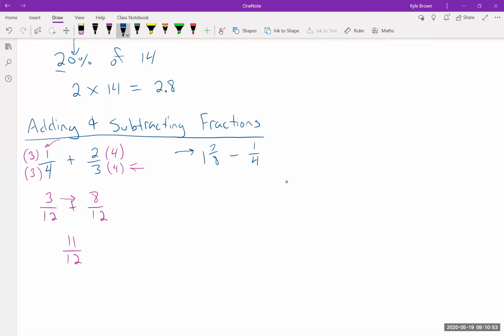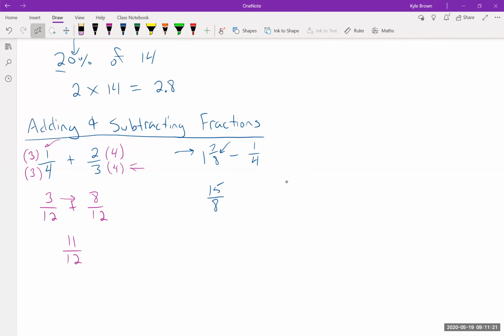Remember the 8 on the bottom is how much it would take to get to a whole number, so 8 over 8 would be 1. So it's going to be something over 8, that's our bottom no matter what. The way we do this is 8 times 1 is 8, and then plus 7. So this is the same thing as 15 over 8.